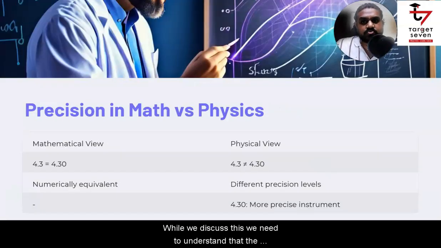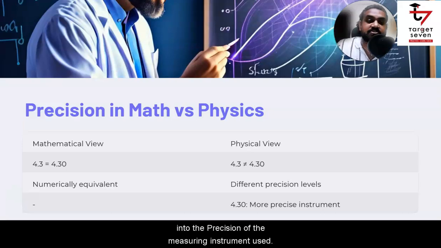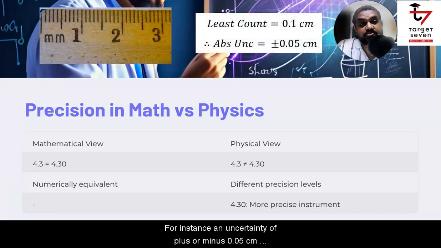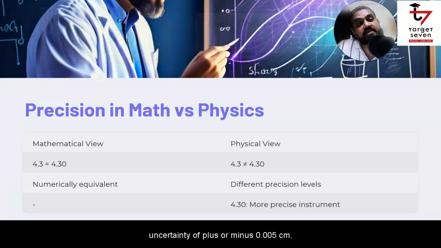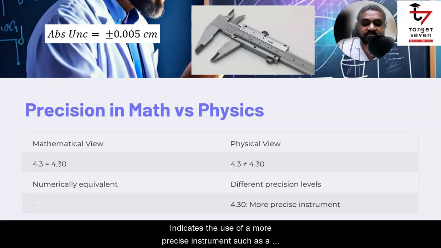While we discuss this, we need to understand that the magnitude of the absolute uncertainty provides insights into the precision of the measuring instrument used. For instance, an uncertainty of plus or minus 0.05 centimeters suggests that a standard ruler was employed, whereas an uncertainty of plus or minus 0.005 centimeters indicates the use of a more precise instrument such as a vernier caliper.